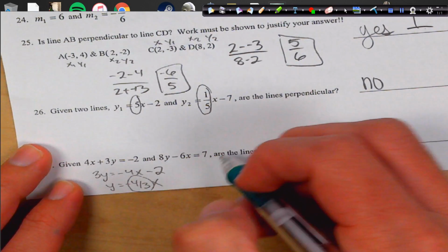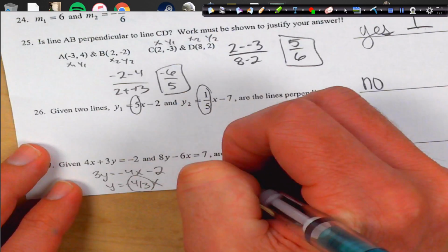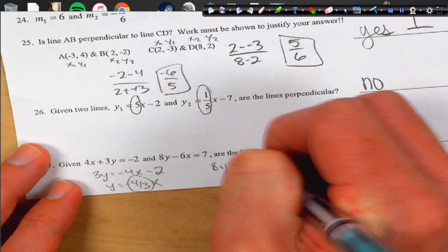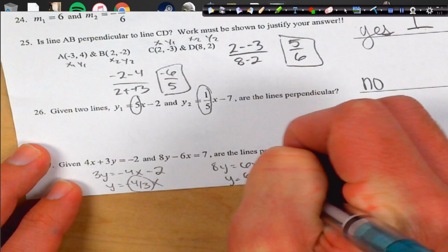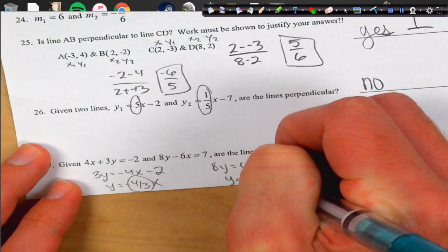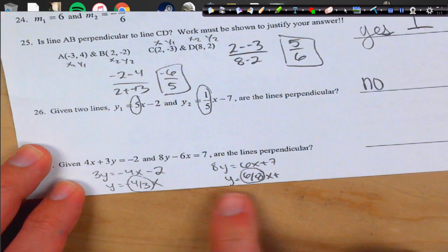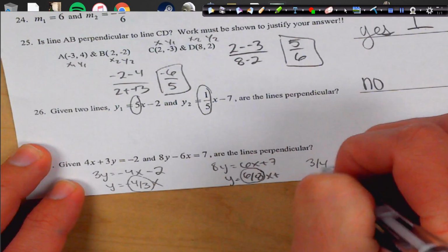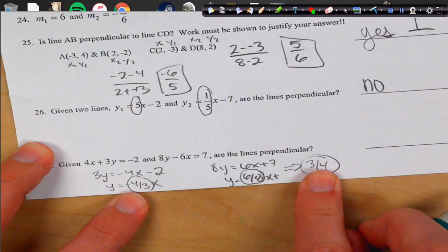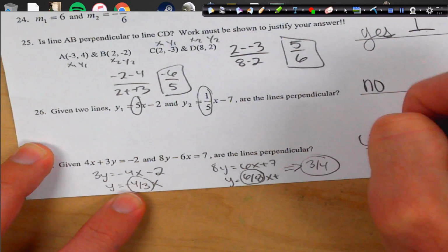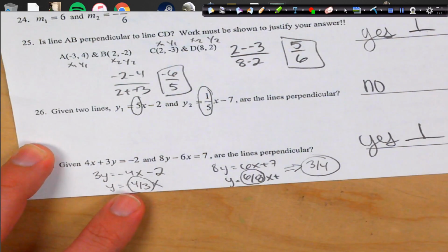Over here, I'm going to add the 6x. So I'm going to get 8y equals 6x plus 7. Divide by 8. Doesn't matter. 6 and 8, we can reduce that to 3/4. That would be its equivalent. Are those opposite reciprocals? Yes, so we're going to say yes, perpendicular.